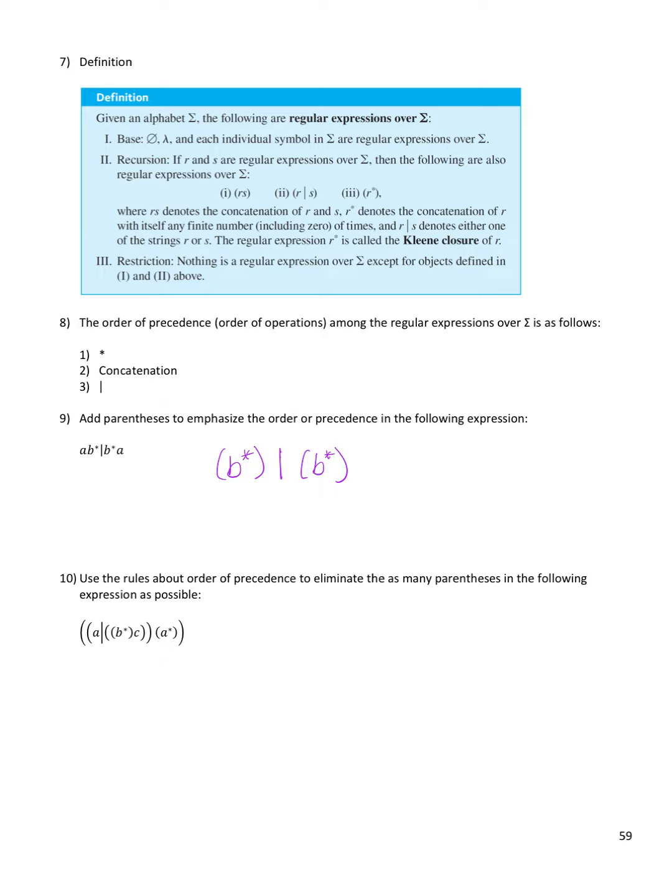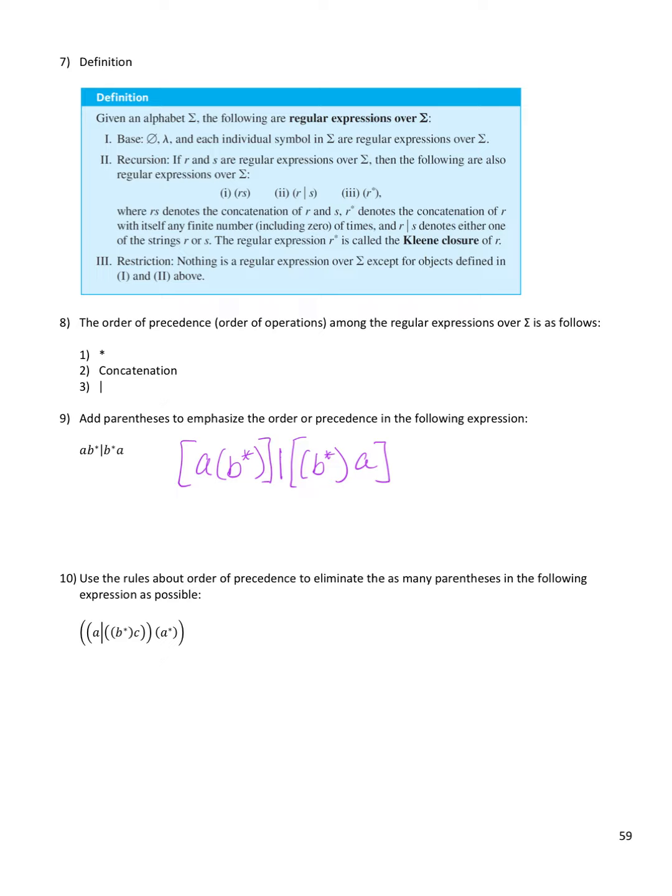Then the OR symbol is last. I'm going to put my A here and an A here and block those together to make it really clear that you do the star, then the concatenation, and finally the OR at the end.